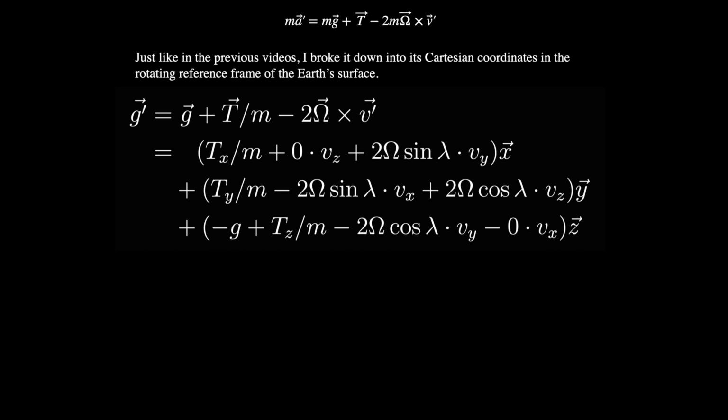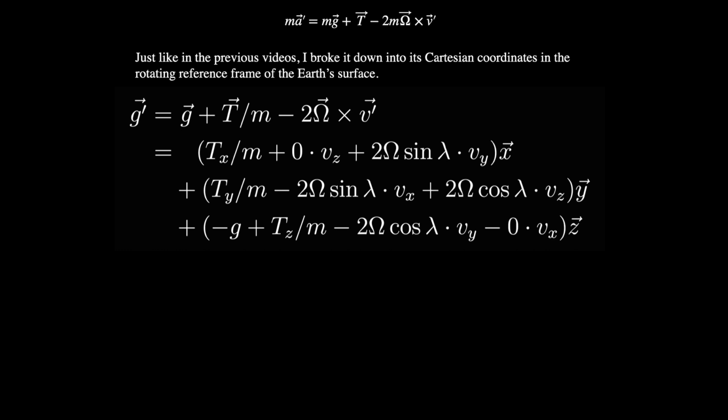So, just like in the previous videos, I broke it down into Cartesian coordinates inside the rotating reference frame of the Earth's surface. So we're doing this on the surface of the Earth, just like in the previous two videos. And we have the effective gravitational acceleration, which is g-prime, which is equal to the real gravitational acceleration plus the tension modified by the mass of the plumb bob. And then you subtract out the Coriolis effect.